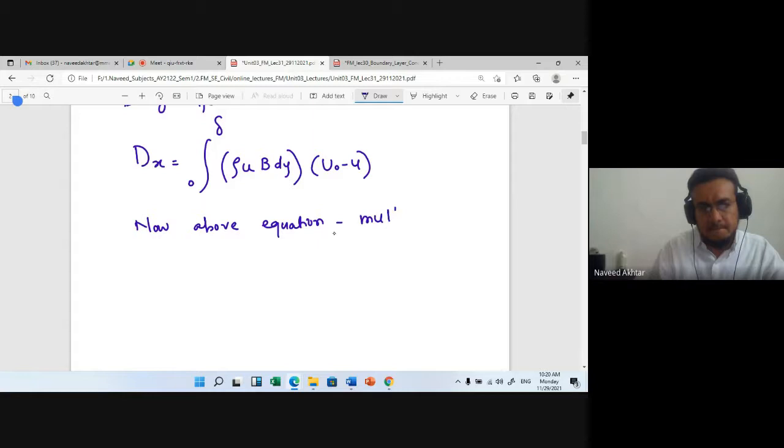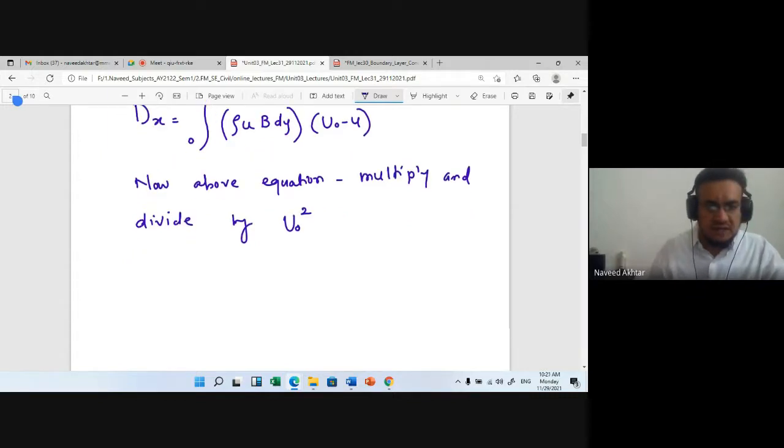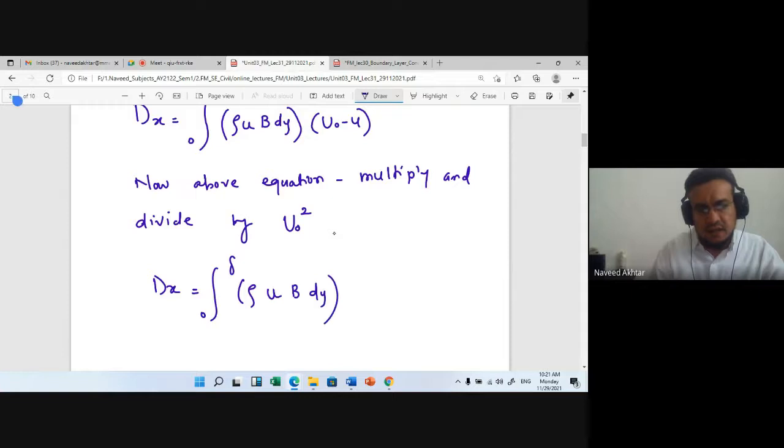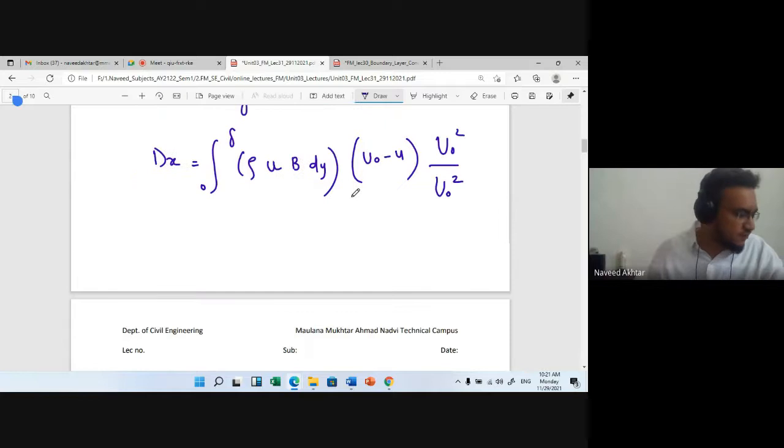Now write the equation again. Multiply and divide by u0 square. So this will become dFx equal to the integral from 0 to delta of rho u B dy, times u0 minus u, into u0 square upon u0 square. So multiply and divide by u0 square.